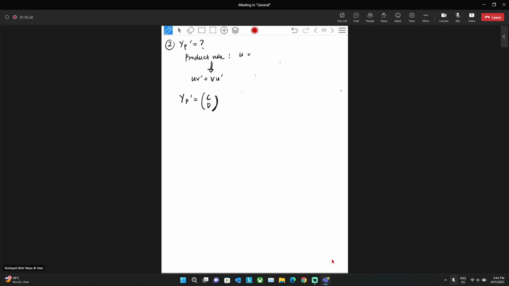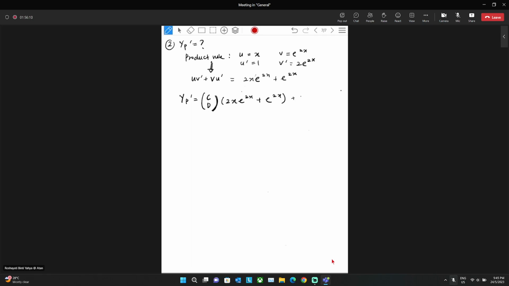X, U prime equal to 1, V equal to exponential 2x, V prime equal to 2 exponential 2x. So this becomes 2x exponential 2x plus exponential 2x. So YP prime equal to CD times 2x exponential 2x plus exponential 2x, plus 2EF exponential 2x.